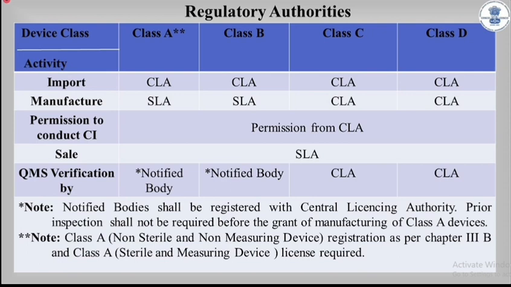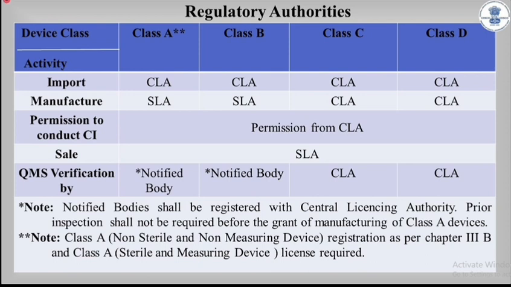And most of you are aware about the retail sale or the wholesale sale of medical devices. Sale is another important factor, and there is a GSR 754 which was released a couple of years back, which specifies a special form for medical devices retail sale application.